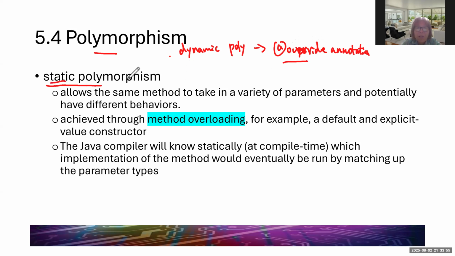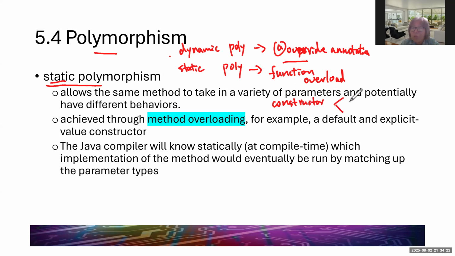Now about static polymorphism. Static polymorphism is through what we call function overloading. One example we already saw is the constructor: we learned two different forms of constructor, a default one without a parameter and an explicit one with parameter values. They all share the same name.